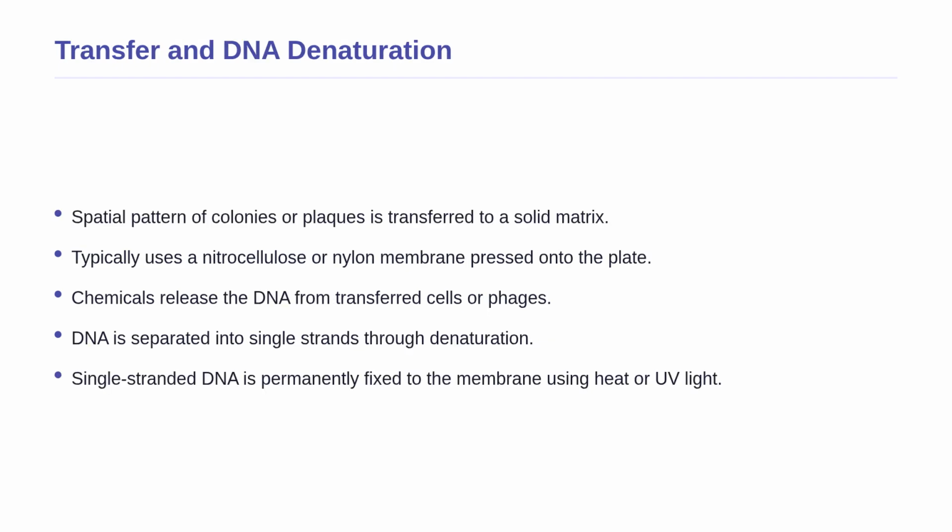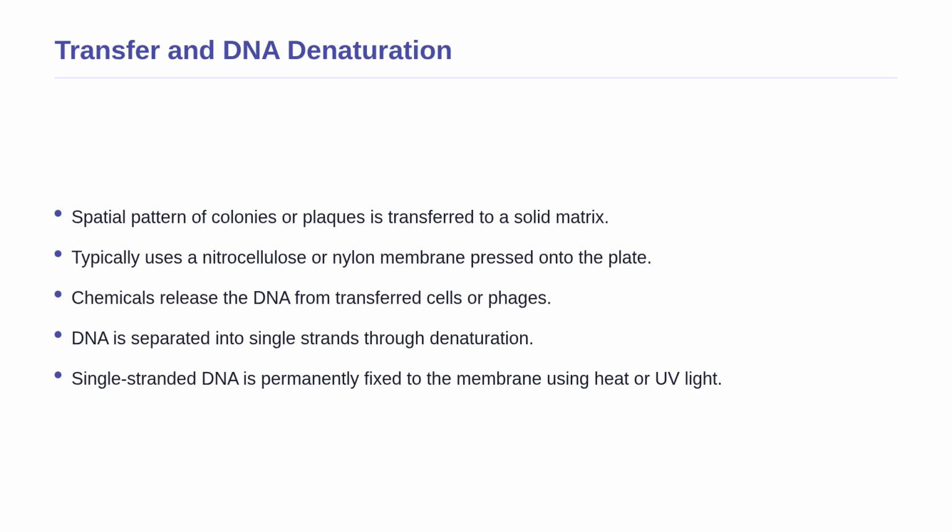Understanding what colonies and plaques are brings us to how we actually process them. The first step in the mechanism is transferring the spatial pattern of these colonies or plaques onto a solid matrix. We typically use a nitrocellulose or nylon membrane, gently pressing it onto the master agar plate. Once the cells or phages are transferred to the membrane, we treat them with specific chemicals to break them open and release their DNA.